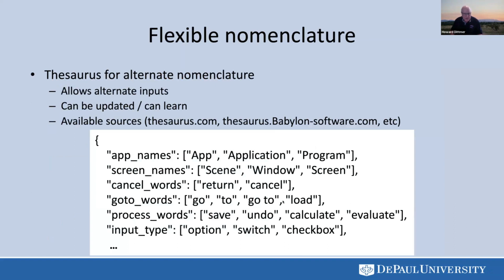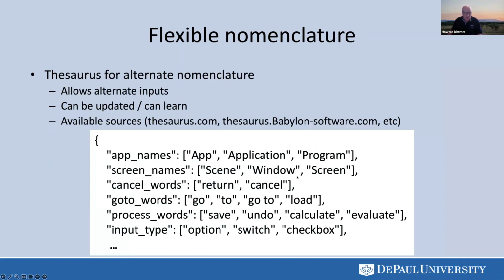And then, as I said, we use a thesaurus as a way of equating alternate nomenclatures. So for things like an application name, the user can call it an app, an application, a program. Screens can be referred to as scenes or windows or screens.